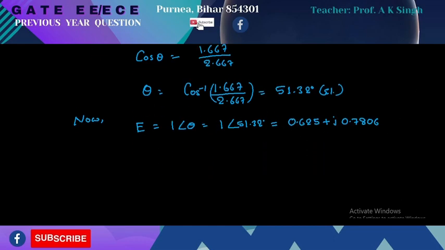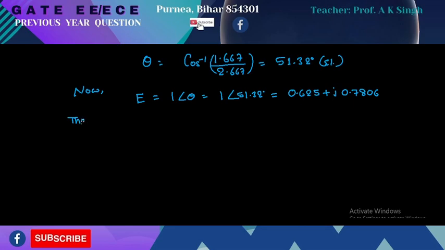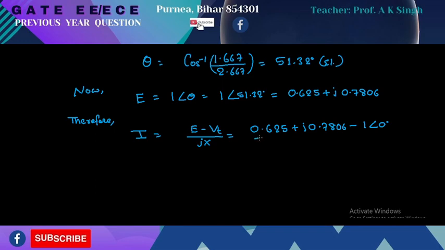Therefore the current I is equal to E minus Vt divided by jX, which is 0.625 plus j0.7806 minus 1 at an angle 0, divided by j0.6.